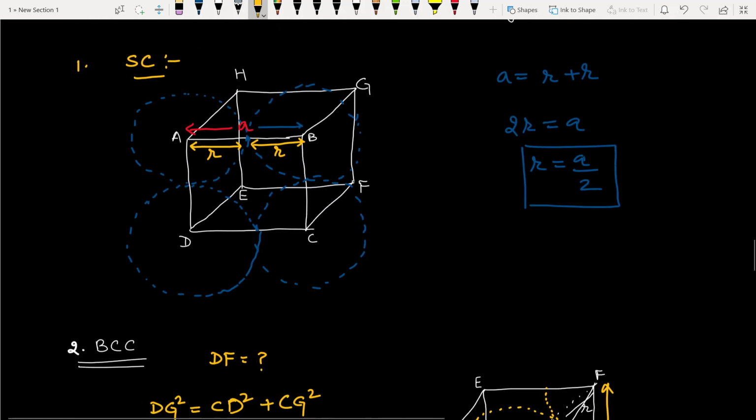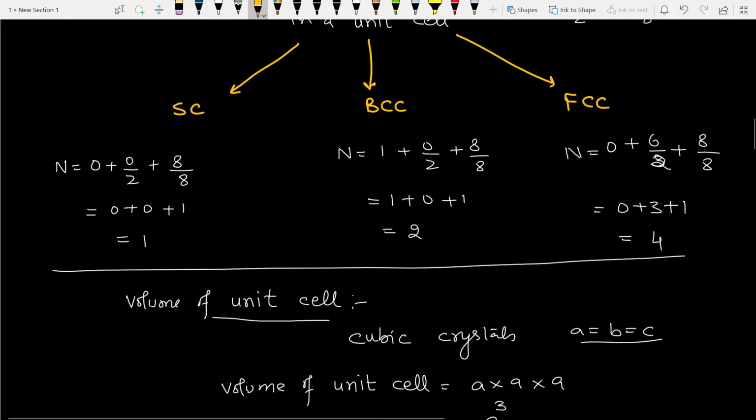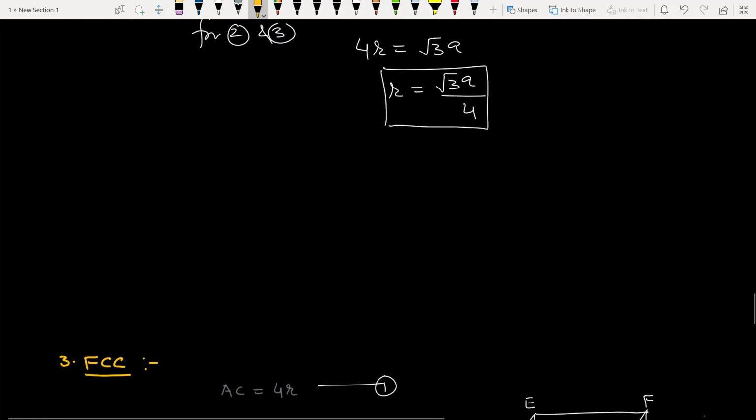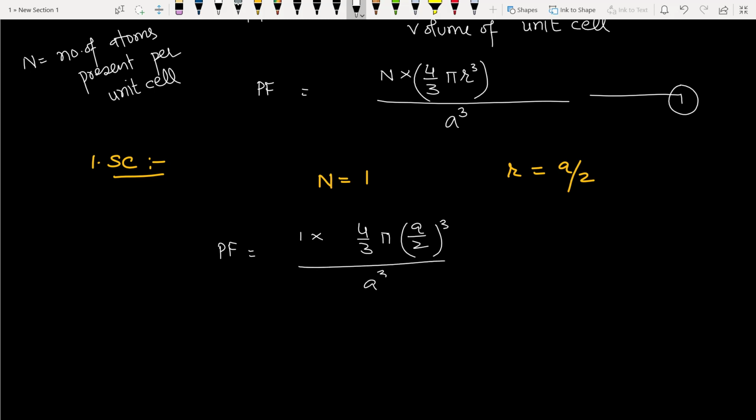So we substitute these values and we get the packing fraction as 1 into 4 by 3 pi (a by 2) cube divided by a cube.